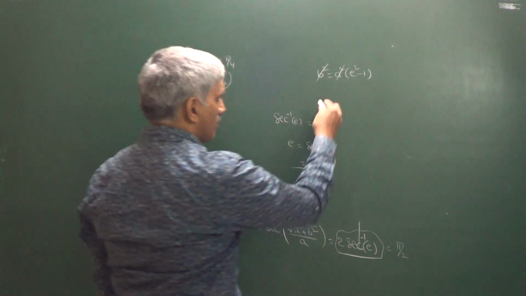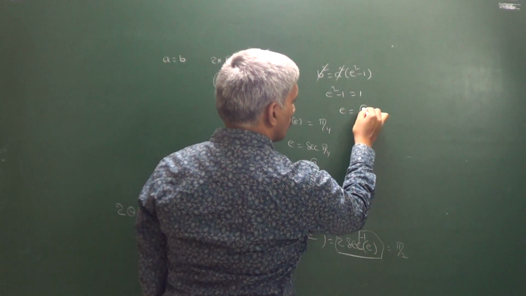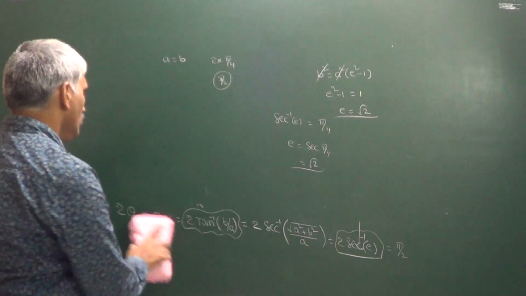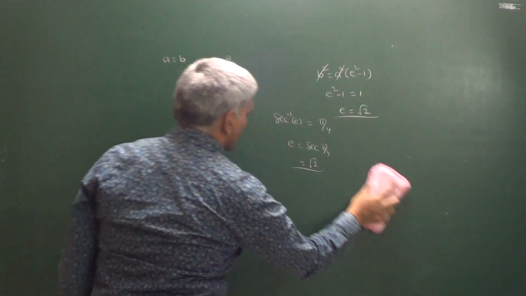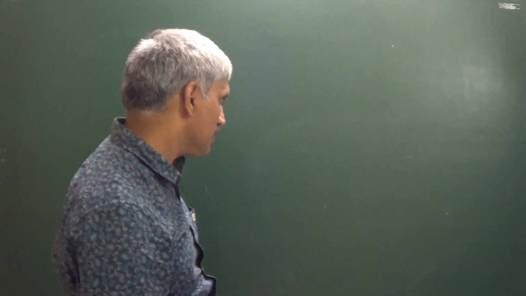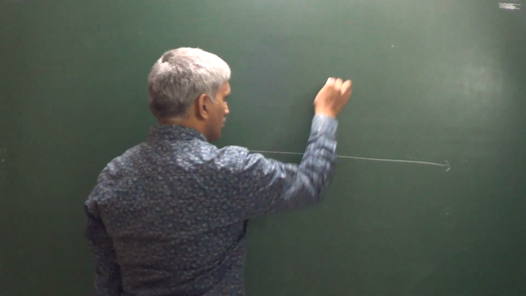That's why e square minus 1 is equal to 1. Therefore, e is equal to root 2 in case of a rectangular hyperbola. So, for a rectangular hyperbola, eccentricity is equal to root 2, and the angle between asymptotes of a hyperbola is given by 2 into tan inverse of b by a, or we can also write it as 2 into secant inverse of e. So another important point in case of these asymptotes.